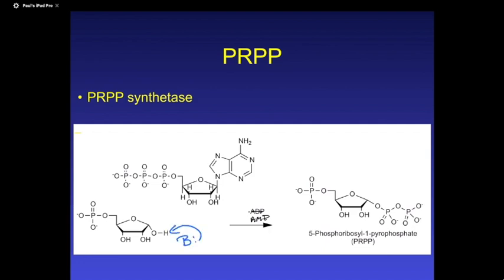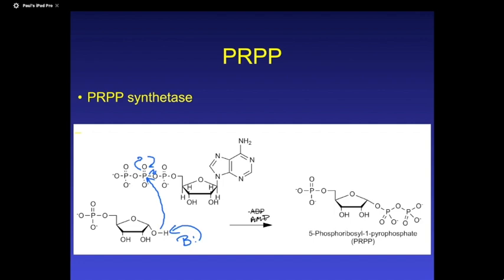You will deprotonate the hydroxide because that is the only change in the reactant to the product. This pair of electrons attack at the alpha, beta, or the gamma. It's at the beta. This is very rare that happens. Kick up, kick down, and AMP is the leaving group. And we get ribosyl 1 pyrophosphate.